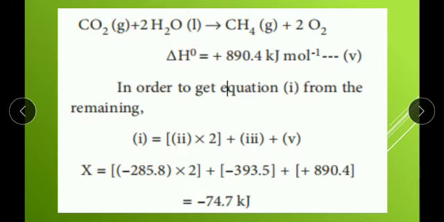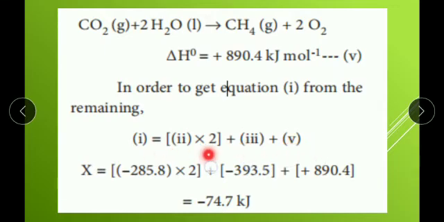Because in this equation we have 2 water molecules. So 2 into 2 plus 3. What is 3? Formation of carbon dioxide. What is 5? Nothing but CO2 plus 2H2O. So we can get 1 from 2 into 2 plus 3 plus 4.